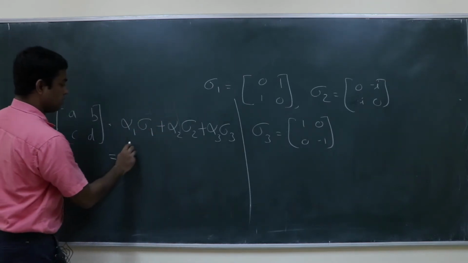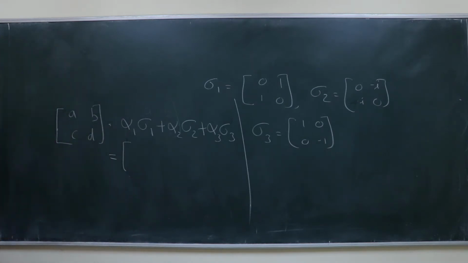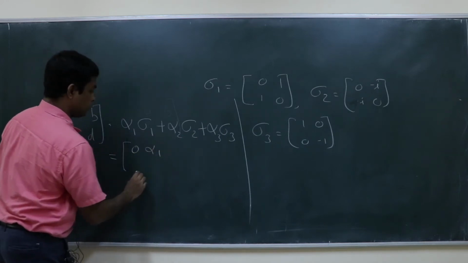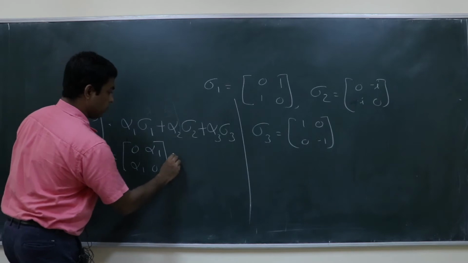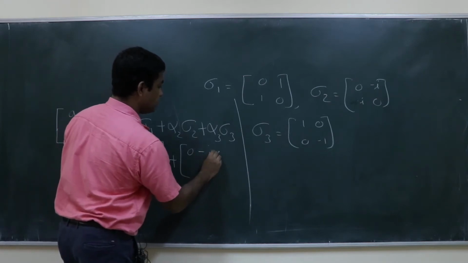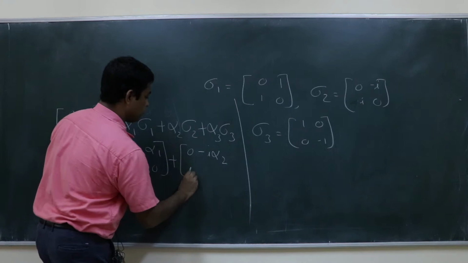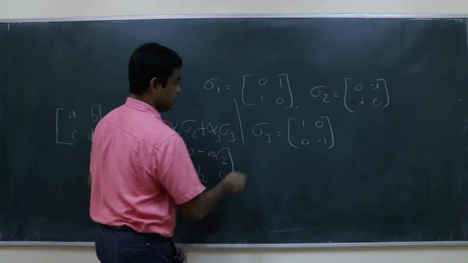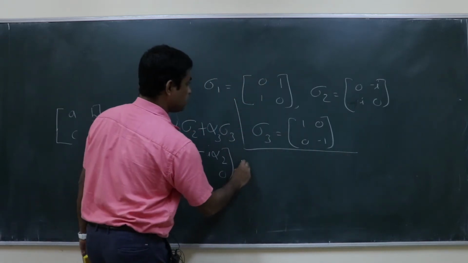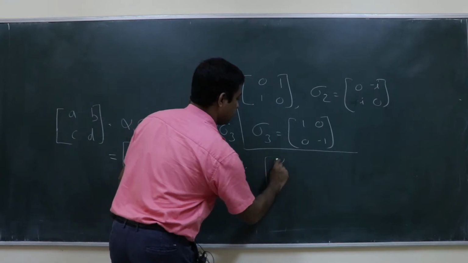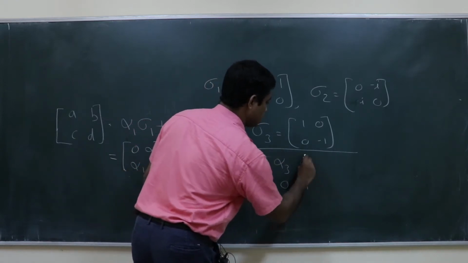Alpha 1 sigma 1 is 0 alpha 1, alpha 1 0, plus alpha 2 sigma 2 is 0 minus I alpha 2, I alpha 2 0, plus alpha 3 sigma 3 is alpha 3 0 0 minus alpha 3.